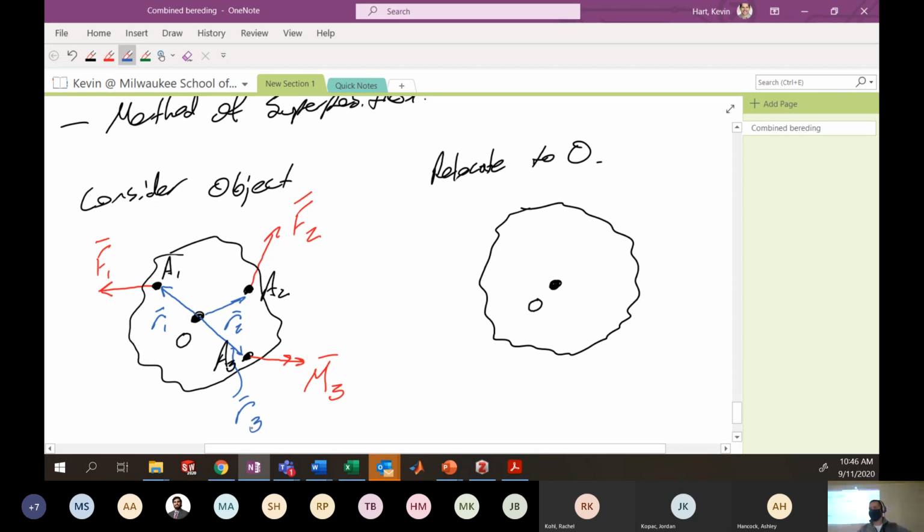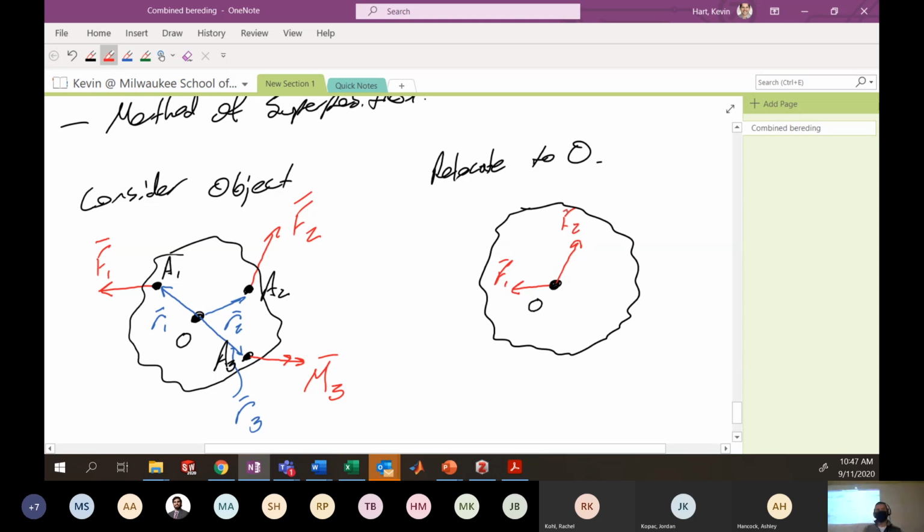Now, if I want to relocate these forces appropriately, I relocate forces F1 and F2.